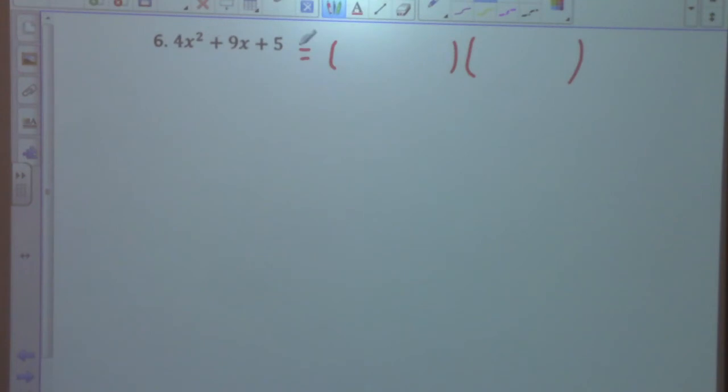But this is a hard one to factor by trial and error. Actually, the 5 and the 1 are going to be easier over here. We know that's plus and plus. So what you have to do is work with factors of 4x squared and just trial and error it till you get it. You can work it out by trial and error, but it might take more time.